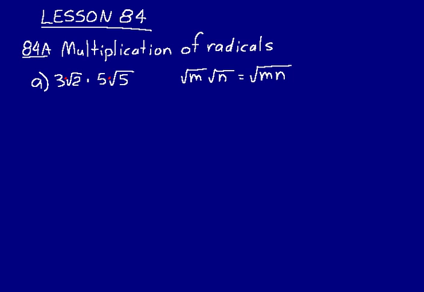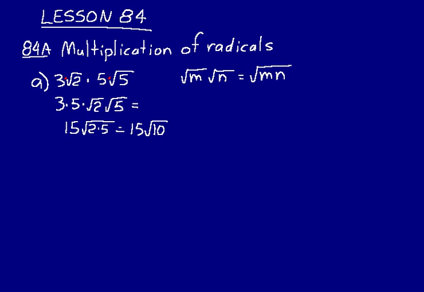So applying those ideas, we could rearrange this and make it 3 times 5 times the square root of 2 times the square root of 5. And that'll give us 3 times 5 is 15 times the square root of 2 times 5, or 15 times the square root of 10.